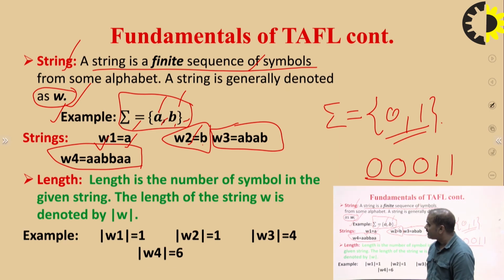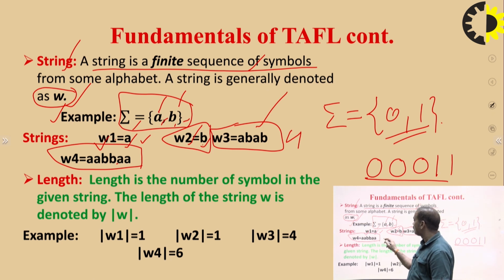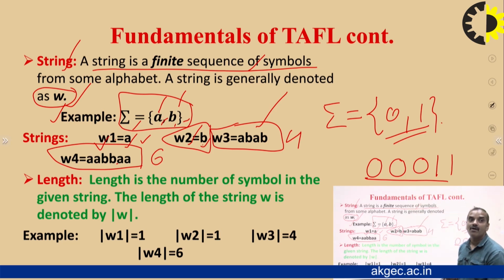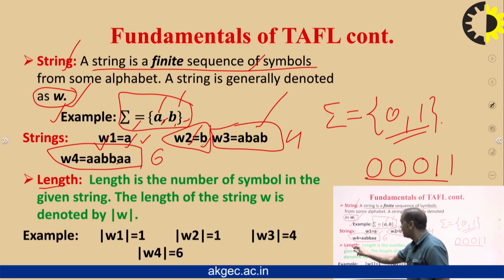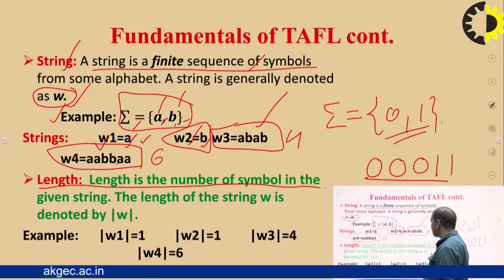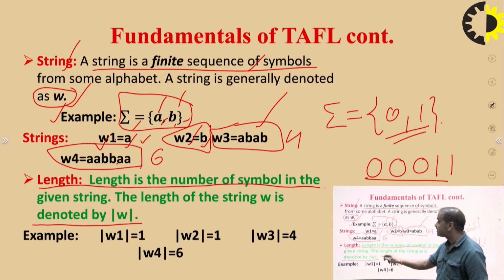If we talk about the length of W1, the length of W1 is 1, the length of W2 is 1, the length of W3 is 4, and the length of W4 is 6. That means length is the number of symbols in the given string. Look at the definition. Length is the number of symbols in the given string. The length of the string W is denoted by the mod symbol.